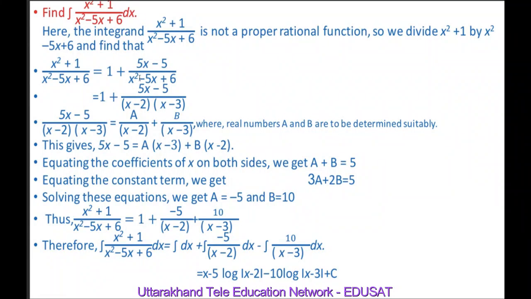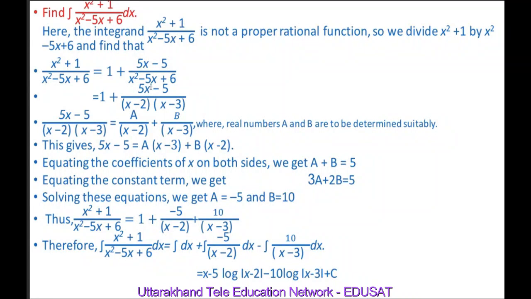So we can write the given rational function, which is not a proper rational function, as 1 plus 5x minus 5 upon x minus 2 into x minus 3. Now this is a proper rational function.